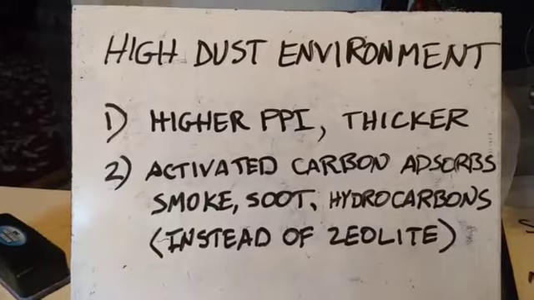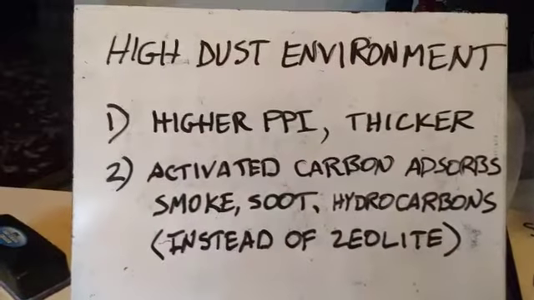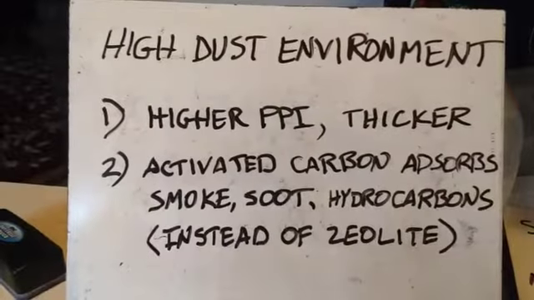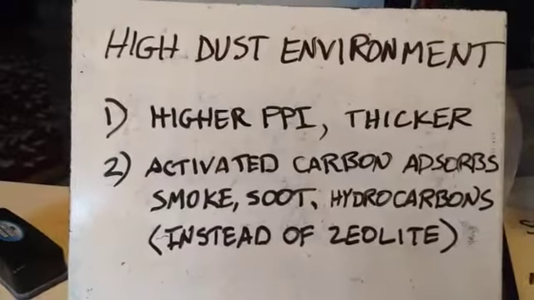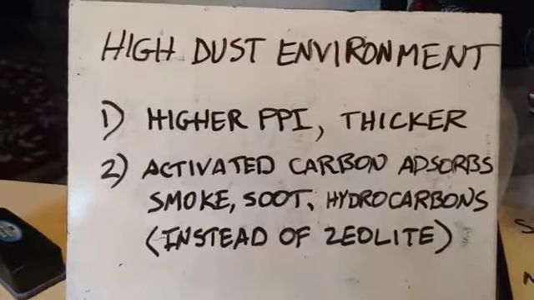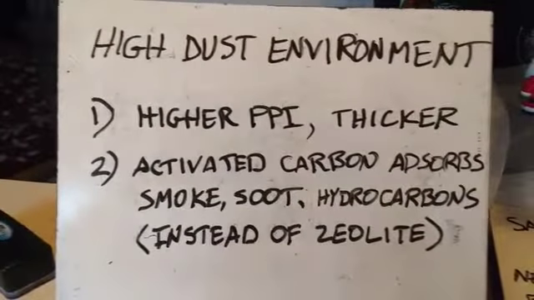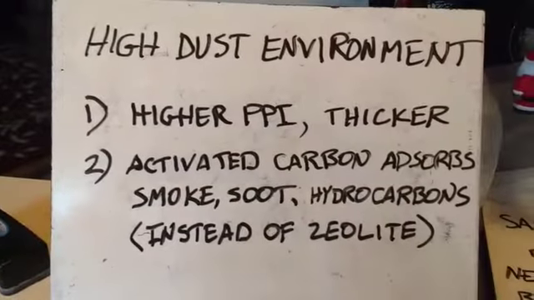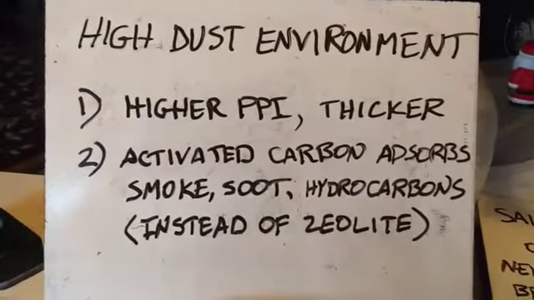We could use a higher pore per inch filter, meaning smaller pores, that's thicker to trap more dust and more particulates. That generally will only catch the gross particles, which would otherwise be caught by the HEPA filter.